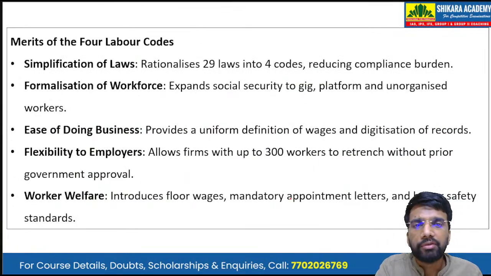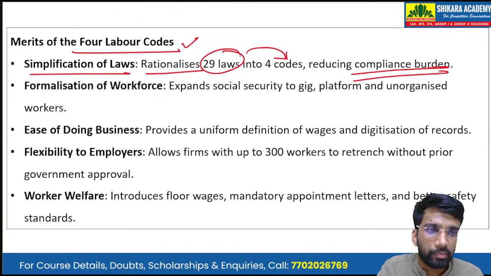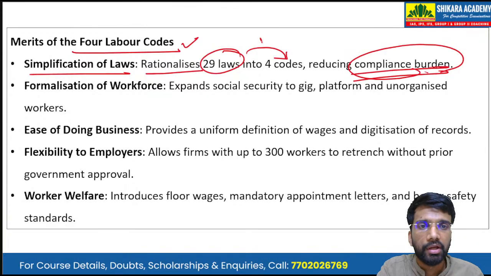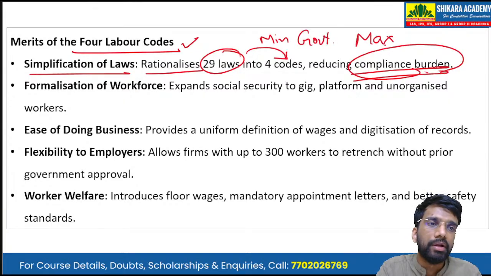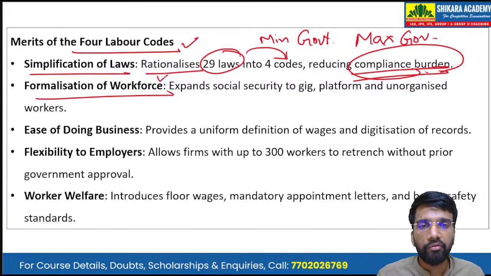Now, the merits of these four labor codes, when we write about the body. First is the simplification of law. It rationalizes 29 laws into four codes, reducing the compliance burden. So this is minimum government and maximum governance. Second is the formalization of the workforce.